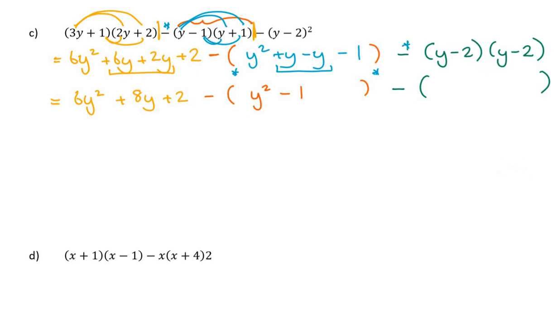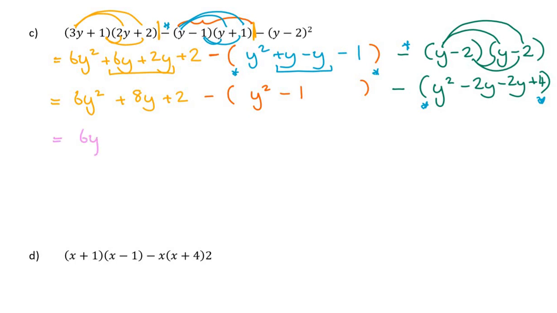There's a minus there, so I need this bracket so I can distribute my minus in a moment. So now it's y times y, which is y squared, minus 2y, plus 4. So I still haven't simplified each term.